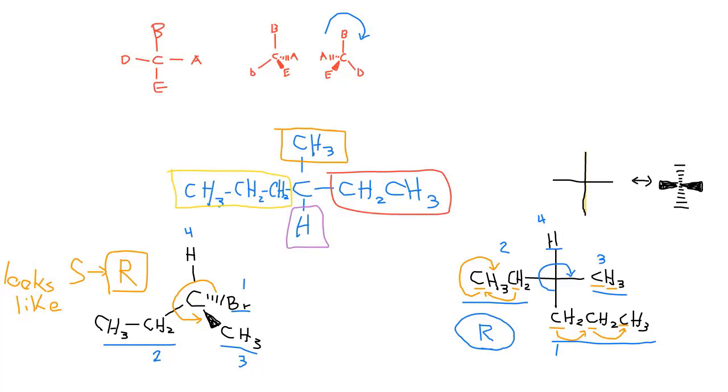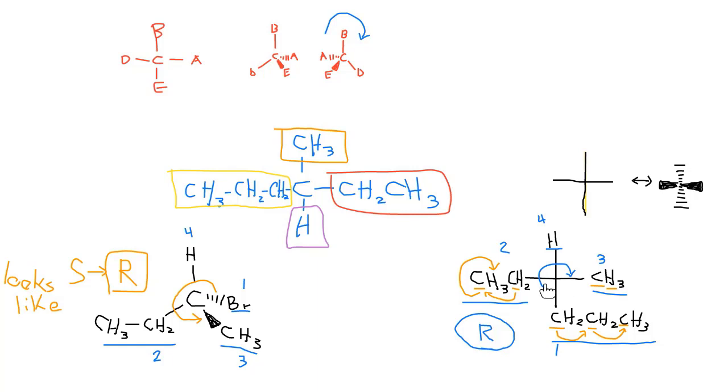No, because that's clockwise, right? Because you're going from 1 to 2. Does the clock go like this? Yes. That's counterclockwise, right? Yes. So that's an S. But because the lowest priority group is not in the back, even though it looks S, it's actually R.